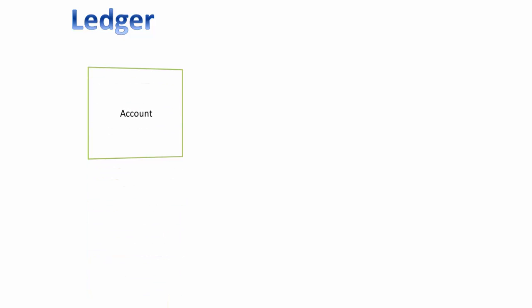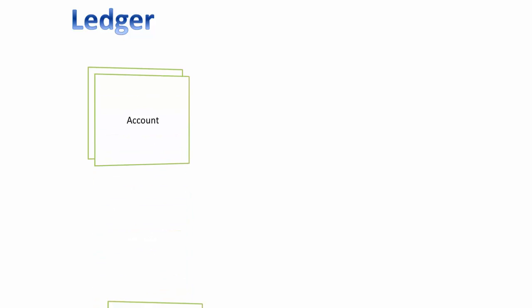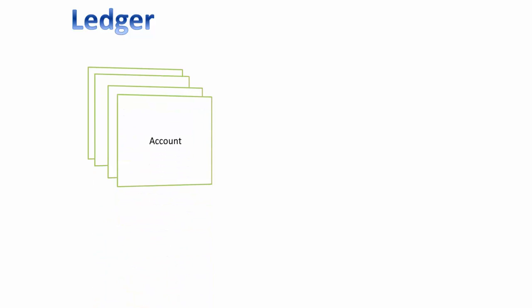So let's look at these accounts. How do they play in the whole ledger concept? Okay, so as we described, there are a lot of accounts, right? In any organization, given a period of time, depending upon the type of business that they are operating, anywhere from 1000 to 2000 general ledger accounts may be there.